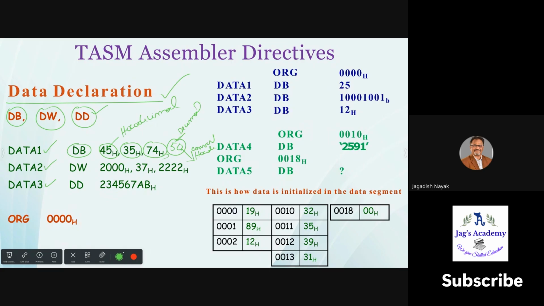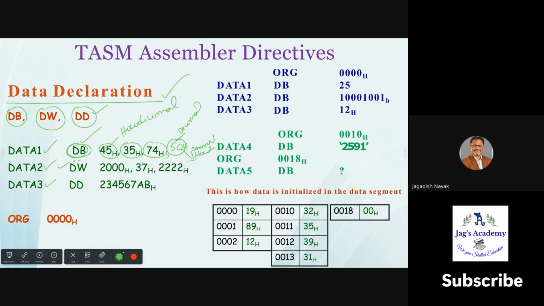If you don't put H here, it will store its hexadecimal equivalent in the memory. If you put H here, it will store 50H, that is hexadecimal data. This is the declaration of a byte, right? And if you declare DB here and try to give a 16-bit value, your compiler will give an error.